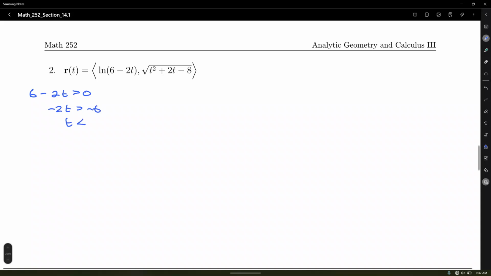That reverses the inequality symbol: t less than 3. So we're done with the first domain. So the first component is restricted to values that are less than 3, not equal to 3. That means 2.5, 2.9, 2.99999, infinitely many 9s, and then every one, but not quite 3.